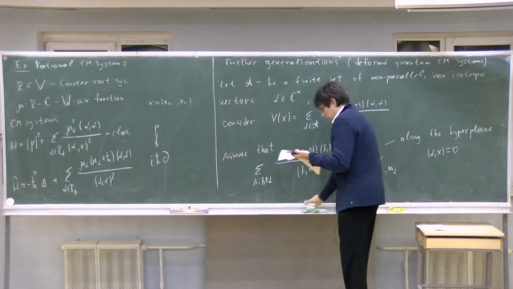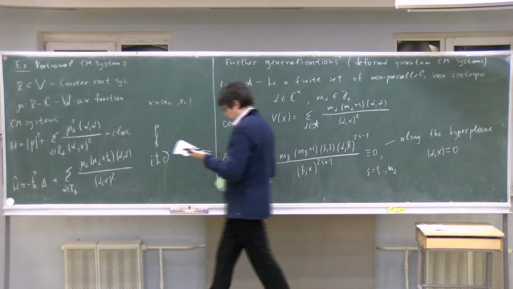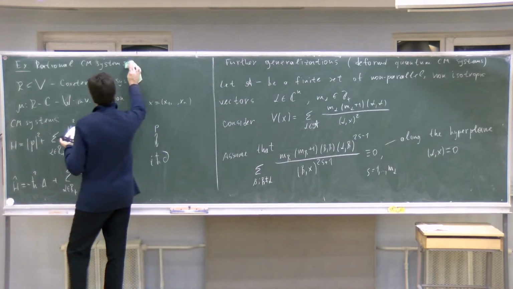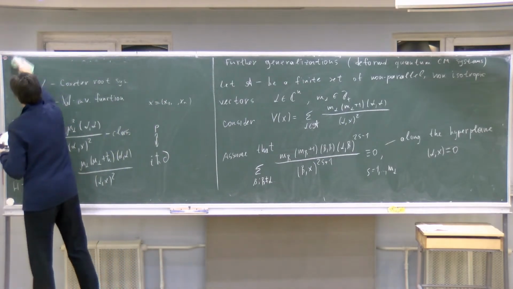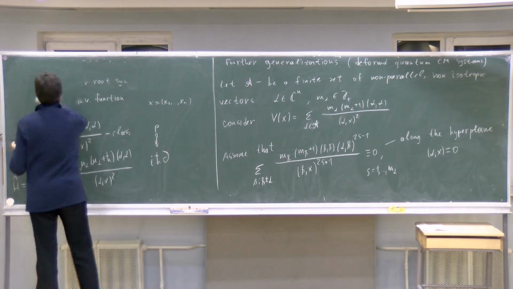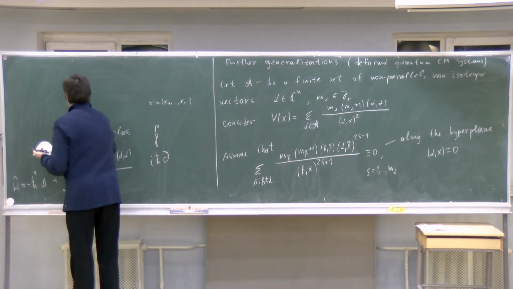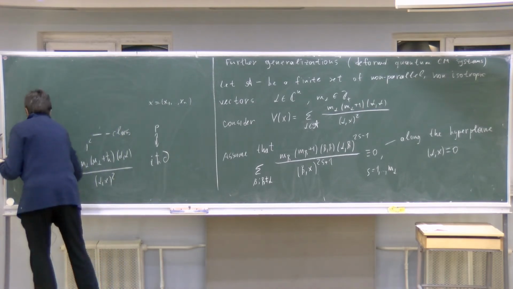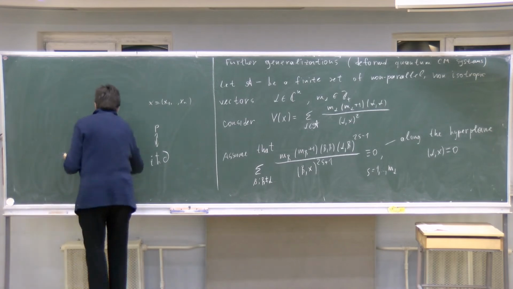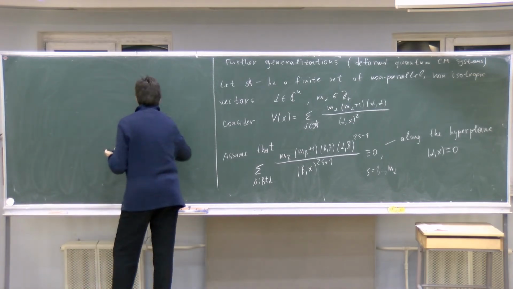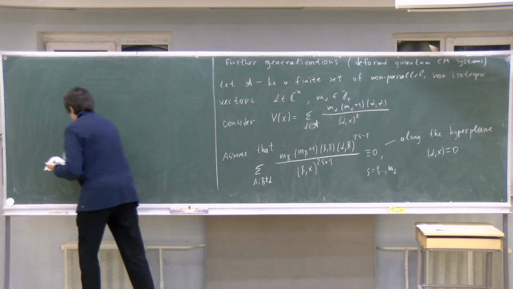So this is a system of equations labeled by alpha and s. Then they defined the notion of quasi-invariance. It's a very important notion.